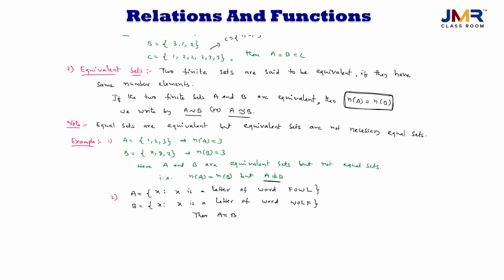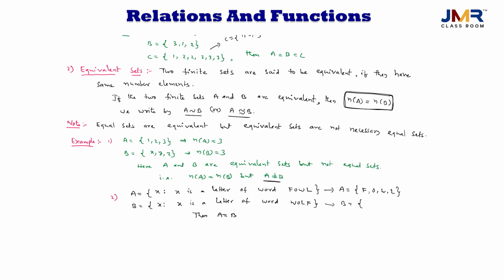Similarly, one more example, A equals set of X such that X is a letter of the word FOWL, then A can be written as set of F, O, W, L, and B equals set of X such that X is a letter of the word WOLF.